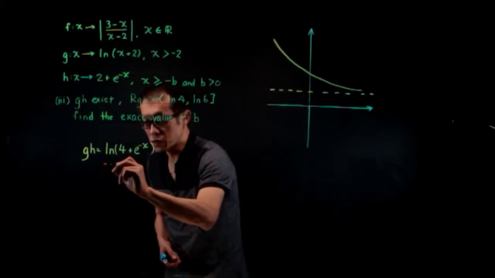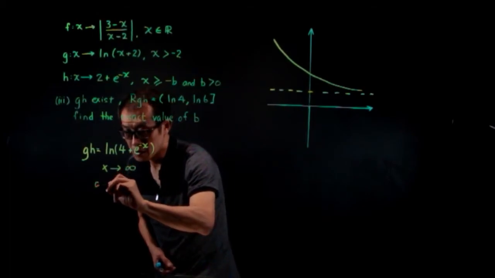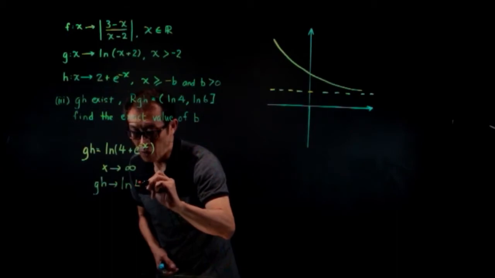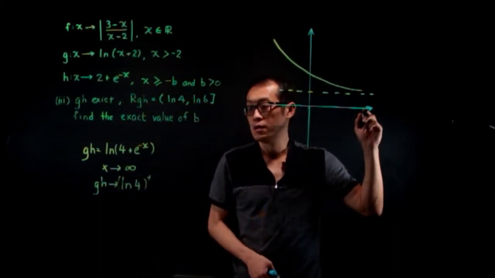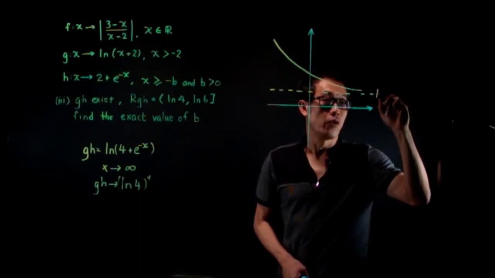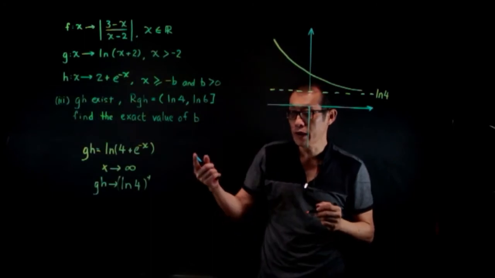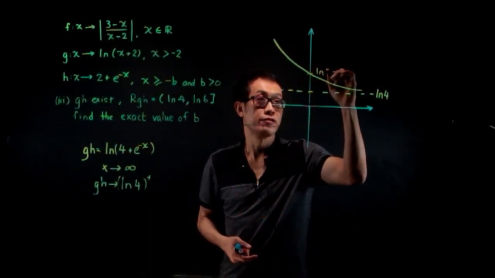As x tends to infinity, g of h tends to ln 4 from above. So this is ln 4. Now you put x equals 0 to find where it cuts the y-axis.